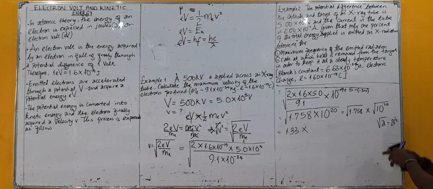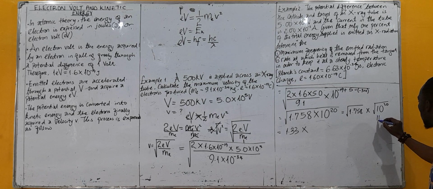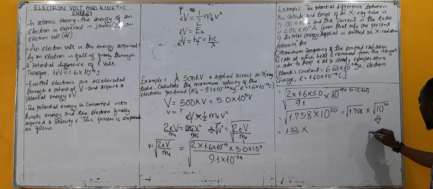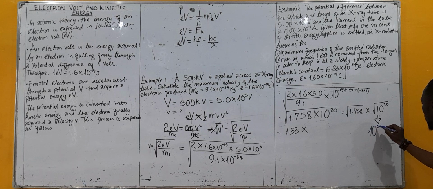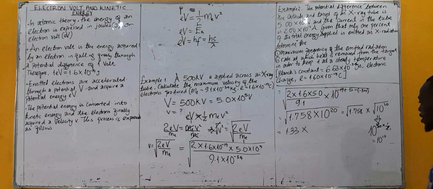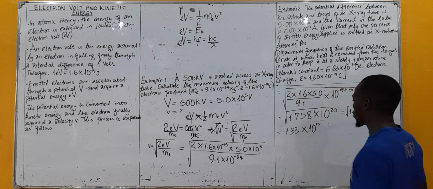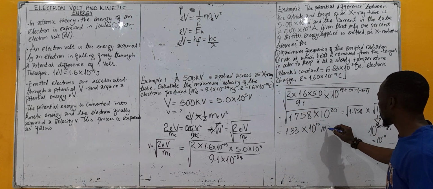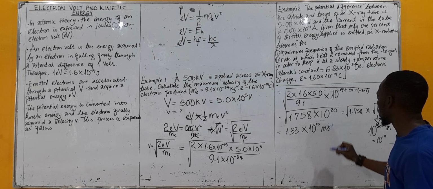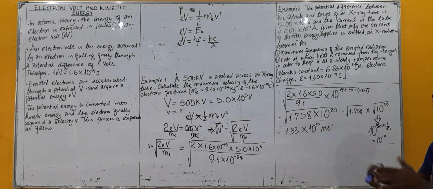Now at this junction, what I'll be having will be 10 to the power of 20 times 1 over 2. So it's going to be 2 into 20 here, 10. So it will be 10 to the power of 10 meters per second, because we're looking for velocity.